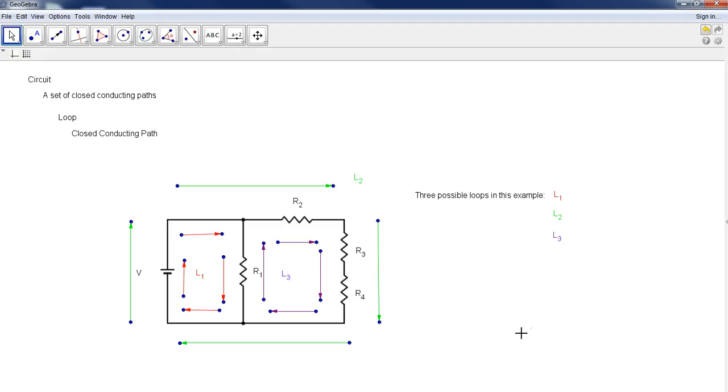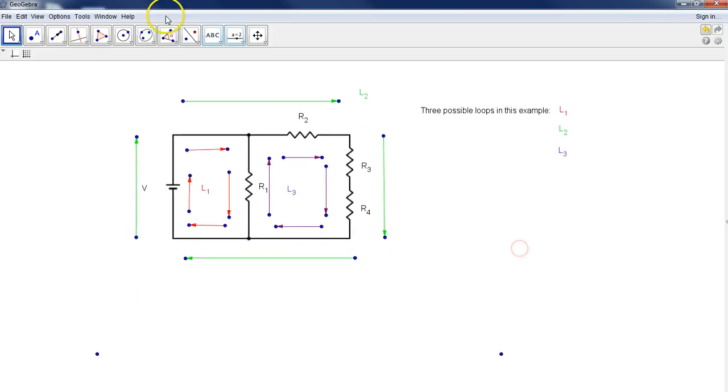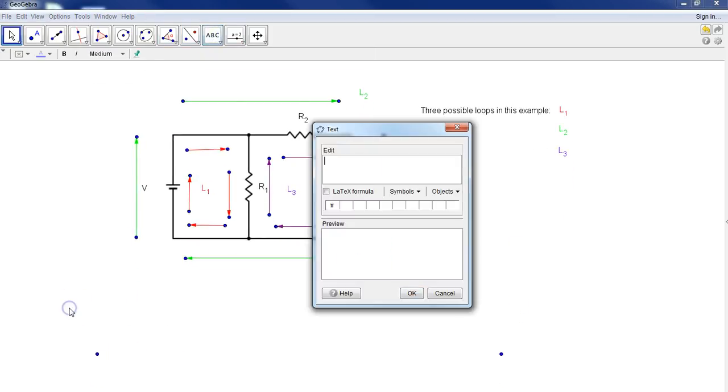What's important about identifying a loop is we can say that energy is going to be conserved as we pass through a loop. So we'll say energy conservation applies to a loop.